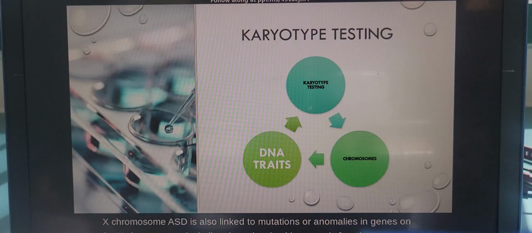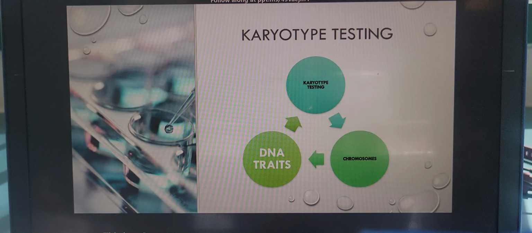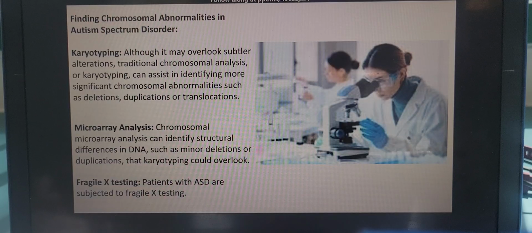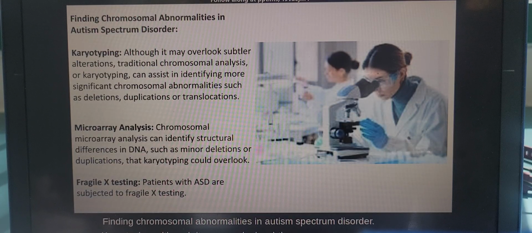This is a karyotype testing chart linking chromosomes and DNA traits to karyotype testing. Finding chromosomal abnormalities in autism spectrum disorder. Karyotyping: although it may overlook subtler alterations, traditional chromosomal analysis, or karyotyping, can assist in identifying more significant chromosomal abnormalities such as deletions, duplications, or translocations.